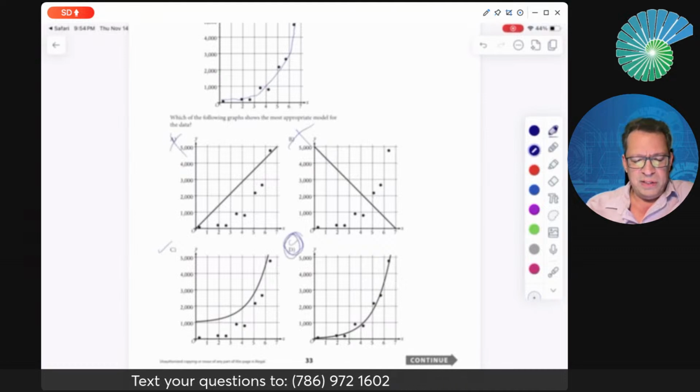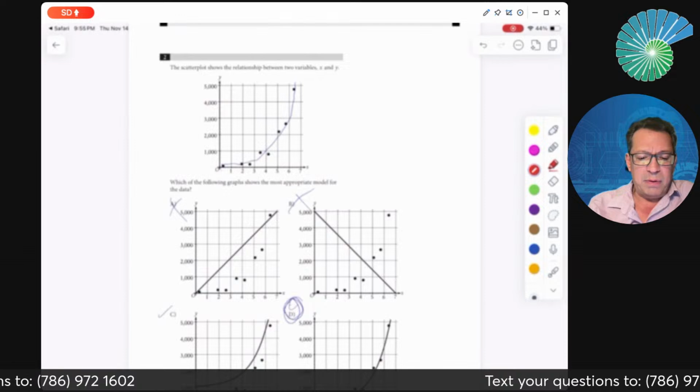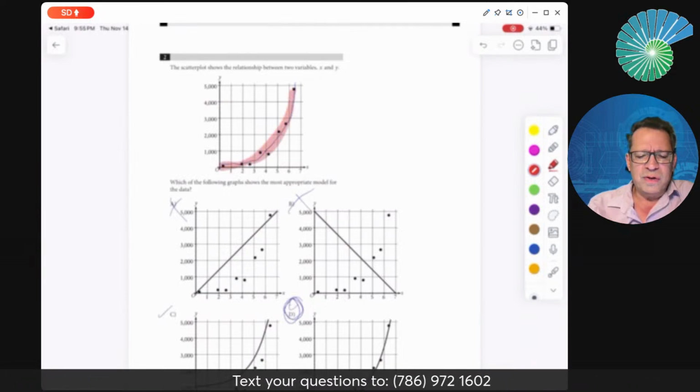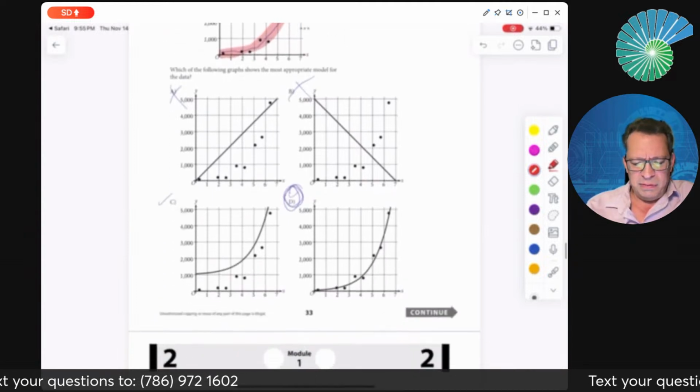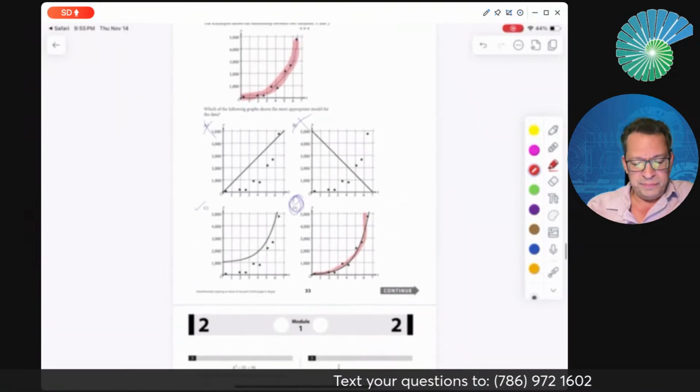Well, obviously D, because as you can see, even before seeing the choices, you draw this curve as close as possible to the points, and you're gonna get this. So that's the answer for number 2.